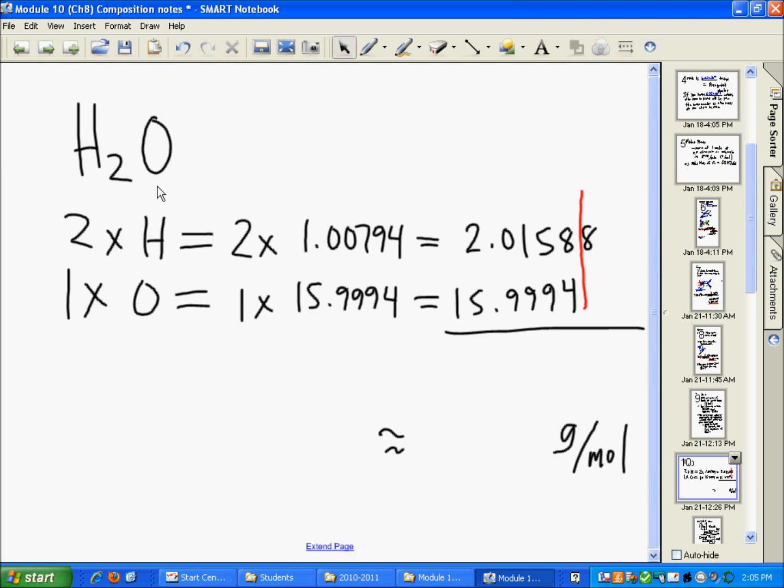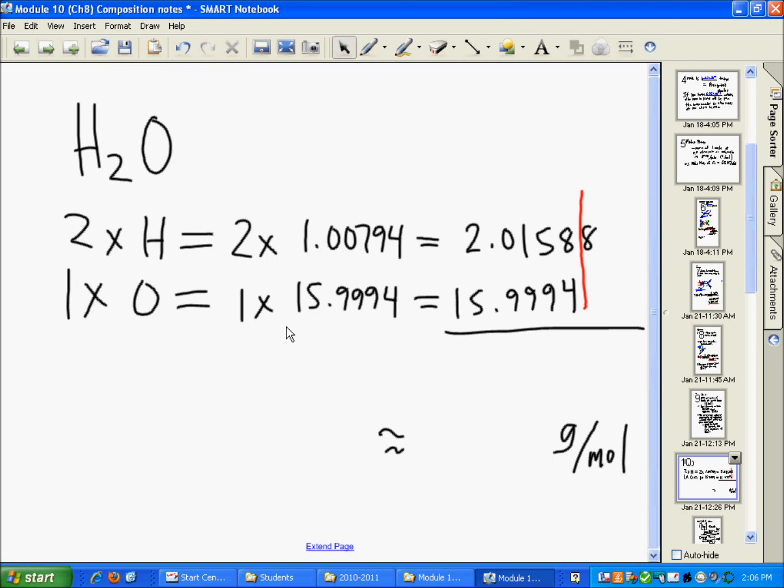So in this formula, you've got 2 hydrogens, so you take the atomic weight, multiply by 2, and you get 2.01588. In the formula, you have 1 oxygen, so you do 1 times 15.9994 for the oxygen, and then you add those numbers up.